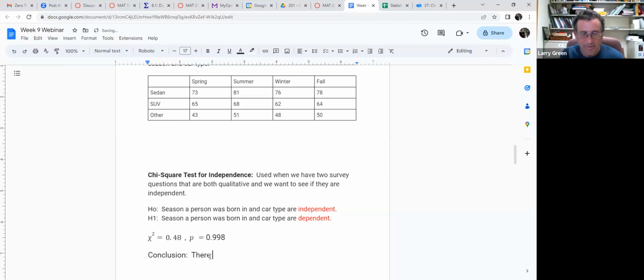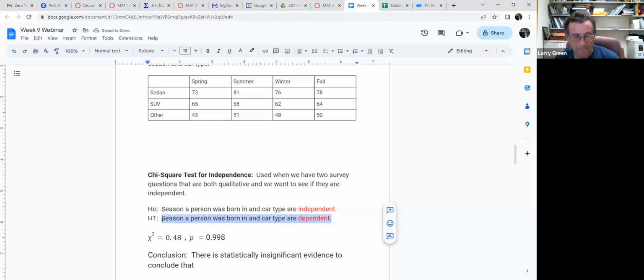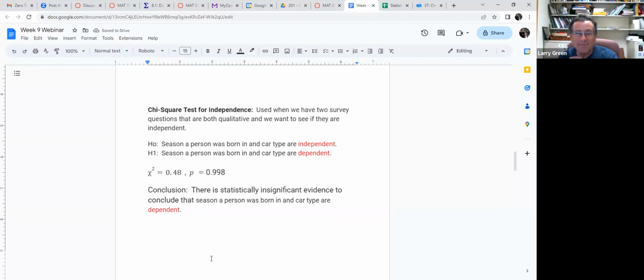So there is statistically insignificant evidence to conclude that, and then I just copy and paste H1. Maybe make the season lowercase. The season a person was born in and car type are dependent.